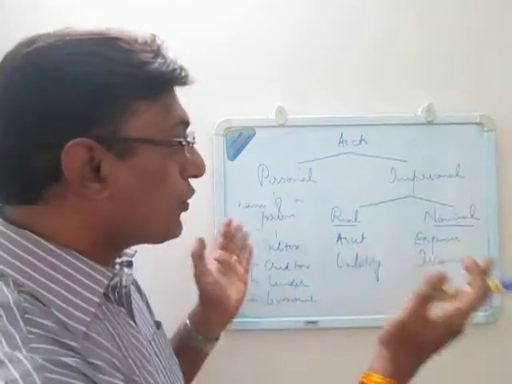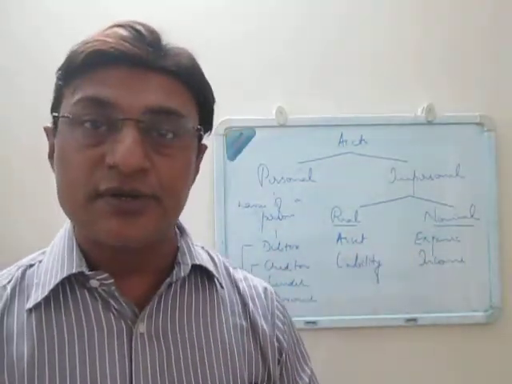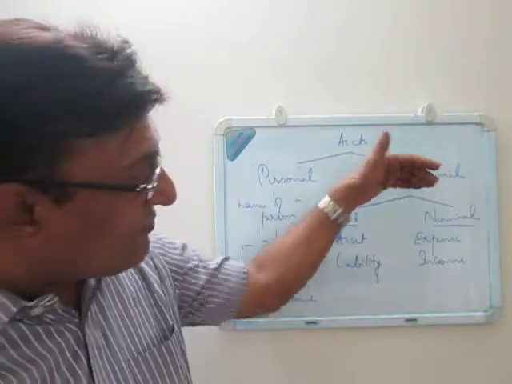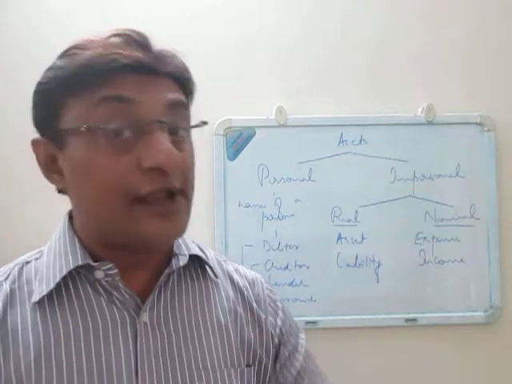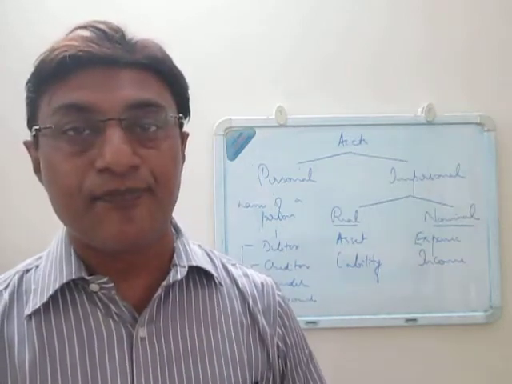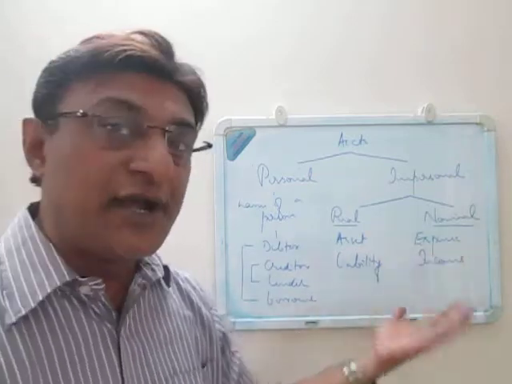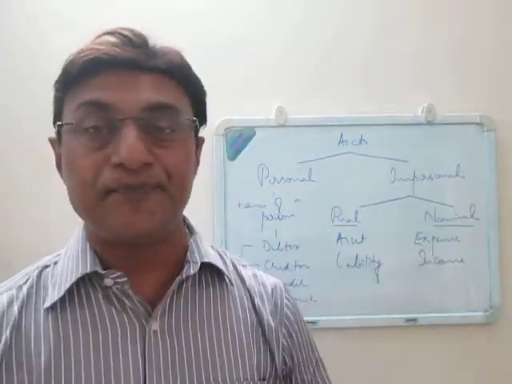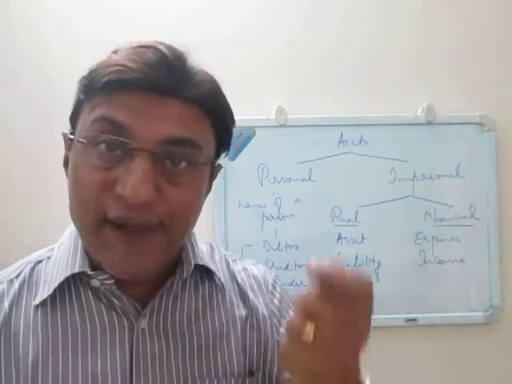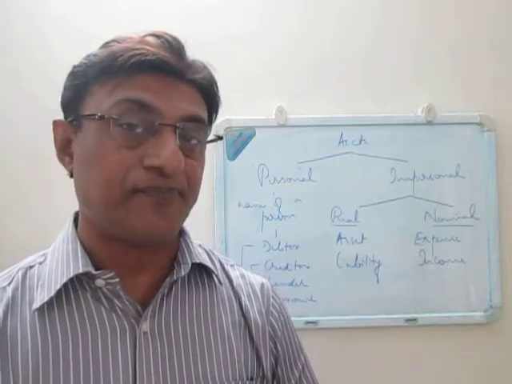Depending on the rules applicable to these three accounts, a personal account, an impersonal account further divided into real and nominal, there are rules which are created over time to decide whether that particular account is to be debited or credited. So to apply the rule, you need to classify the account first.